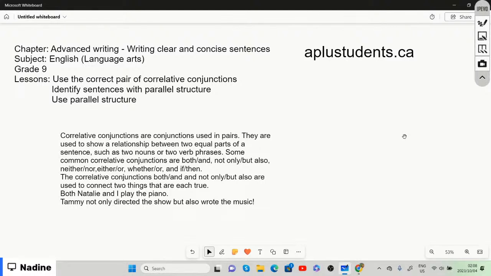So in order for us to write clear and concise sentences, it means that we need to have our subjects and our objects in their correct places. All right, so if we now go to the first lesson that says use the correct pair of correlative conjunctions. And conjunctions join words or join sentences.